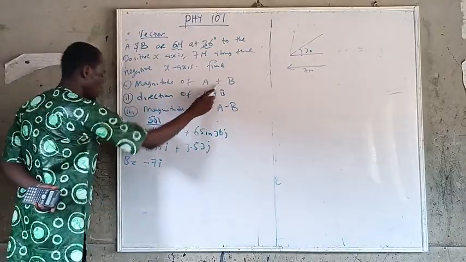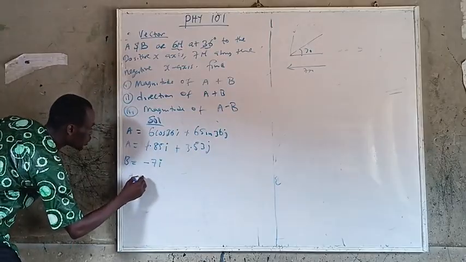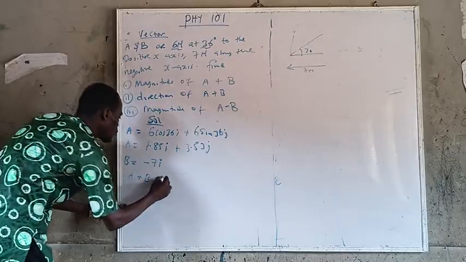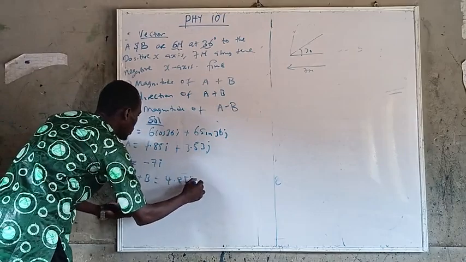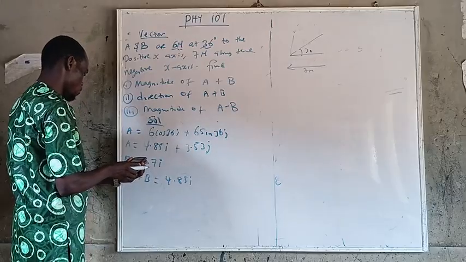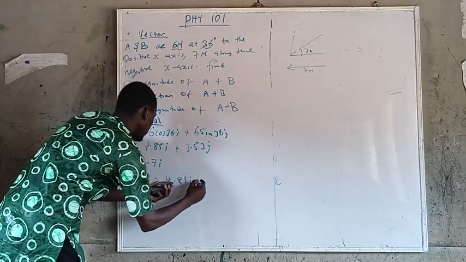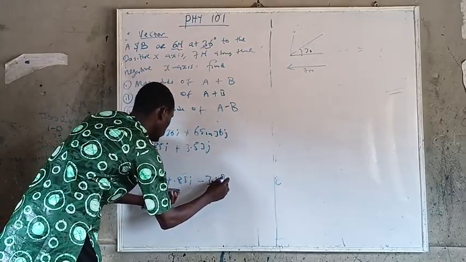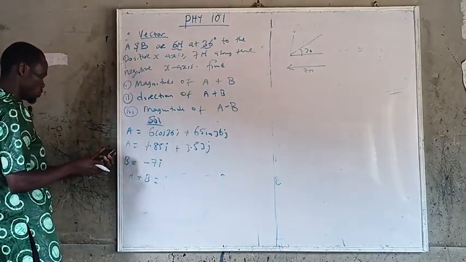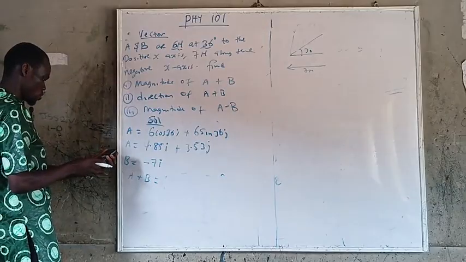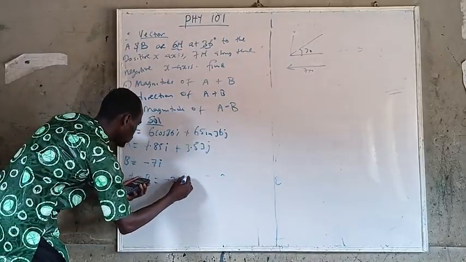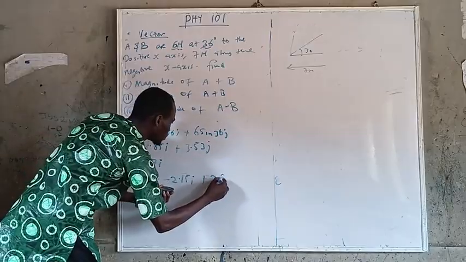Now, for the magnitude of A plus B, you are adding these two. If you add these two, it means you have 4.85i and minus 7i, and you arrive at minus 2.15i plus 3.53j.